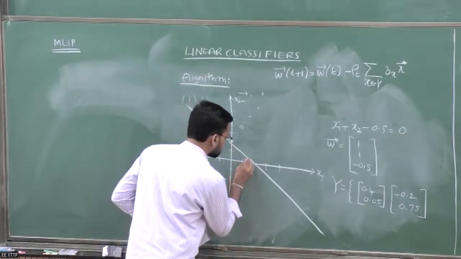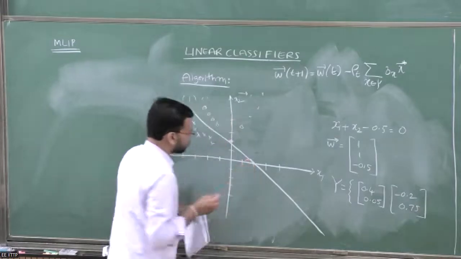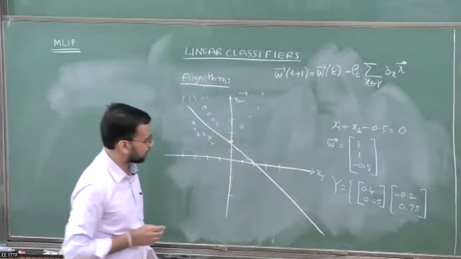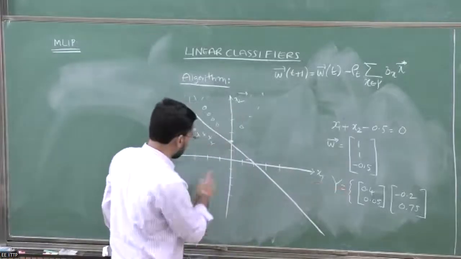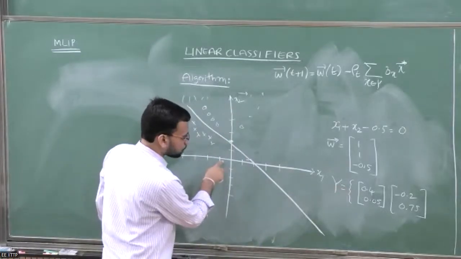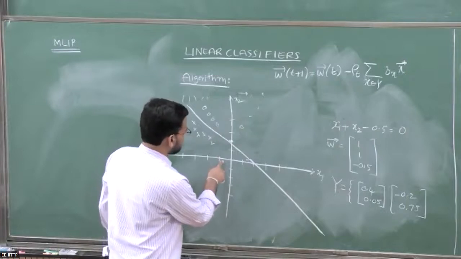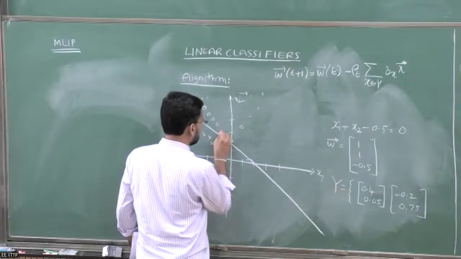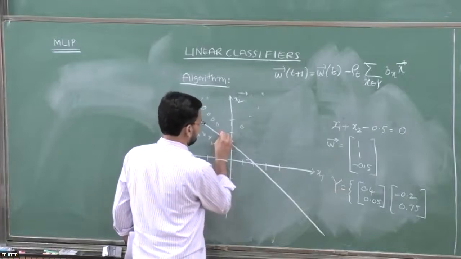So there is something here which should ideally go to the other side of this line, because this is misclassified. The other is (-0.25, 0.75), somewhere in this region.